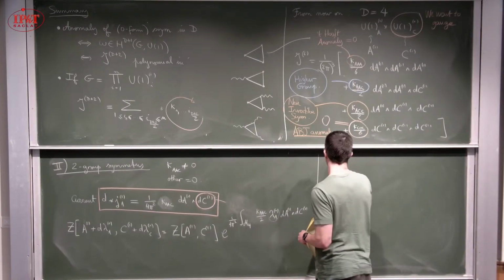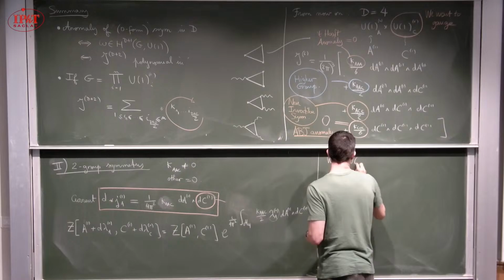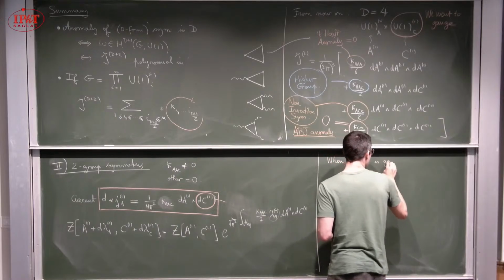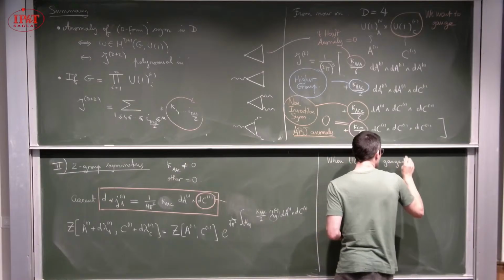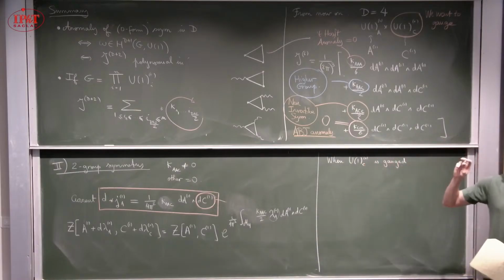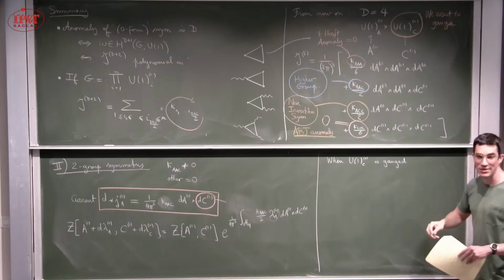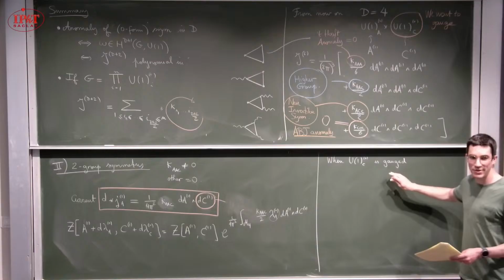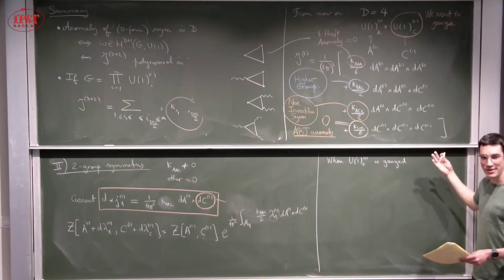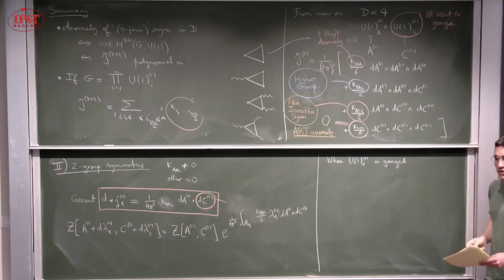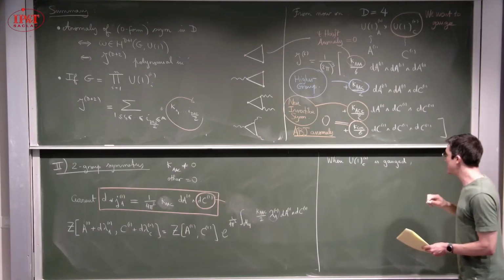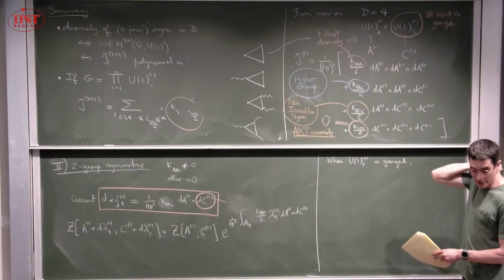When U1_C is gauged, this is what we discussed in the third lecture. We discussed gauge theory and so on, and we saw that there was the electric symmetry and there was the magnetic symmetry, which was emerging, and these were one-form symmetries. So here, let's focus on the magnetic symmetry, under which nothing is charged.